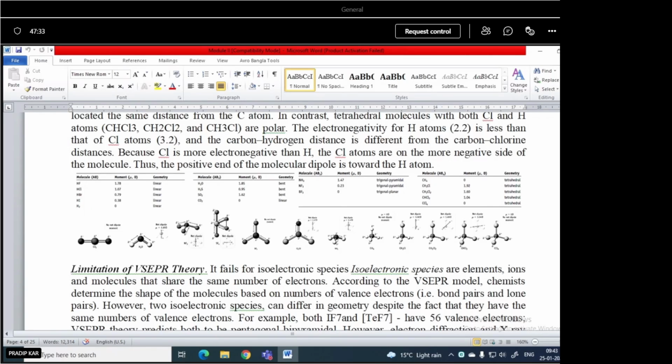Okay, it has a lone pair on sulfur. That is why it has a different structure. NH3 is trigonal pyramidal and so is NF3. So here the question is why NH3 is more polar than NF3.